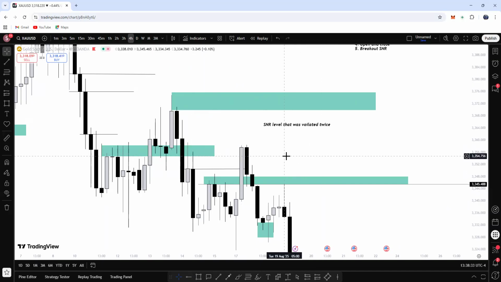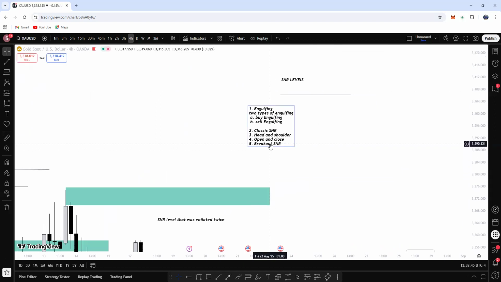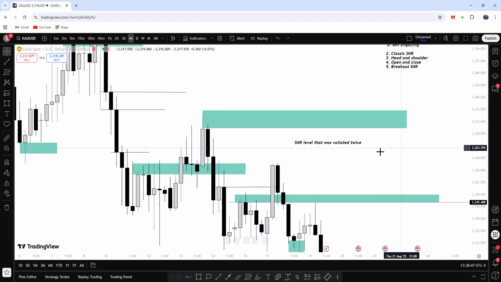In this sense, we're talking about your engulfing, your HNS, or your open and close. When they fail, that is breakout SNR. That's what we mean by breakout SNR.